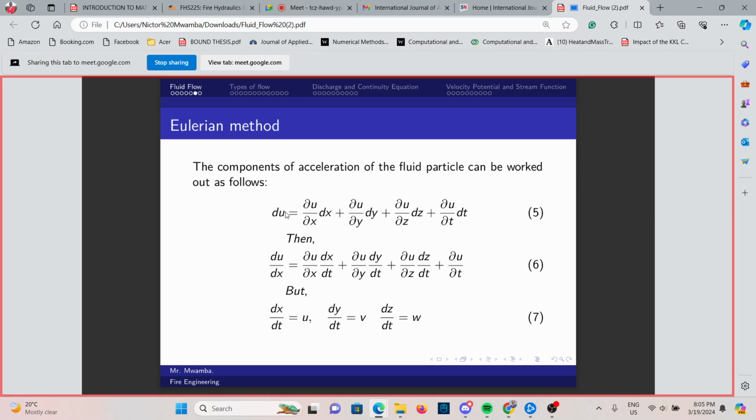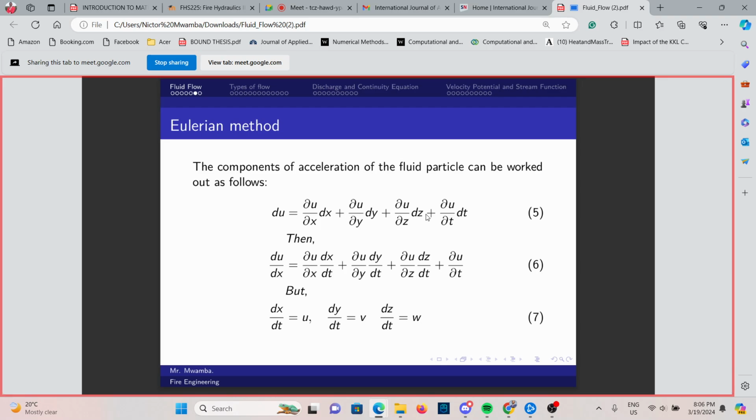The change of the velocity component along the x-axis is given by the partial du, partial dx, which means the slight change of velocity component along the x-axis times the small change in space, plus the slight change of this velocity along the y-axis times the change in the y space.